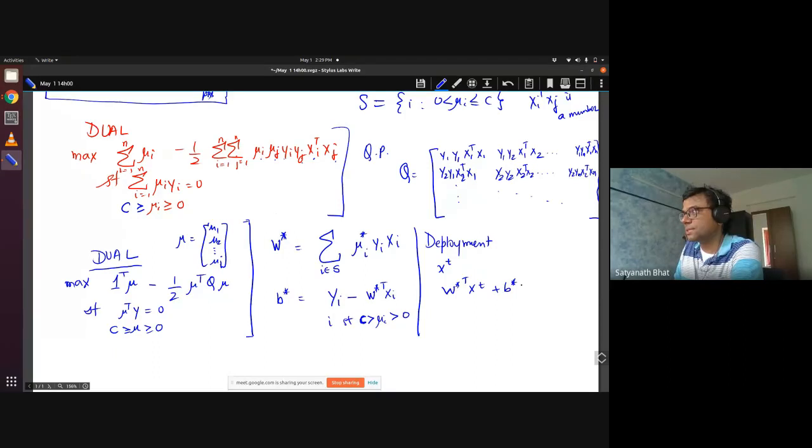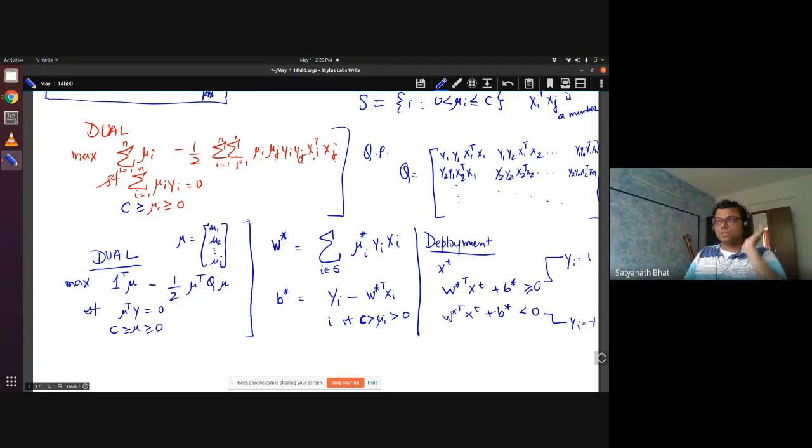If this number is greater than 0, you will report y is equal to plus 1, and if it is less than 0, you will report y is equal to minus 1. Perhaps just to be sure, you can put equality on one of the sides, but that doesn't change much. So now we can see that the dual program is an instance of a QP.